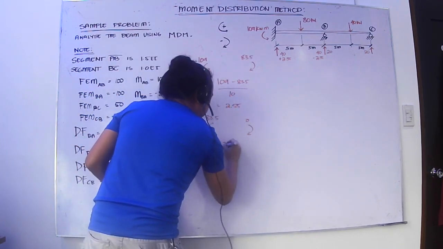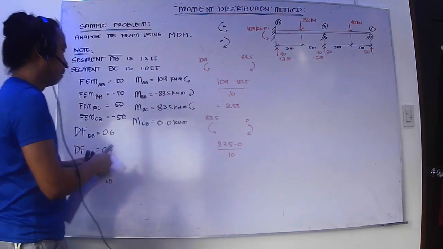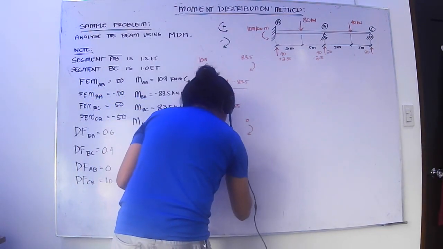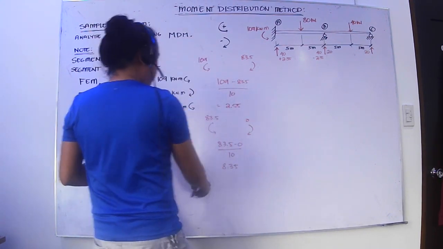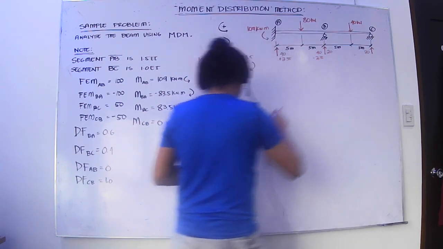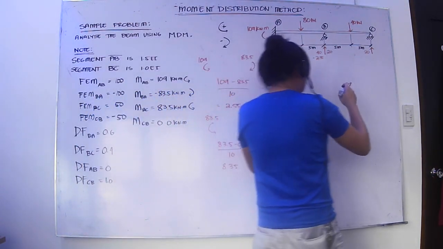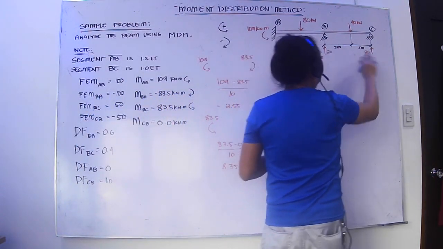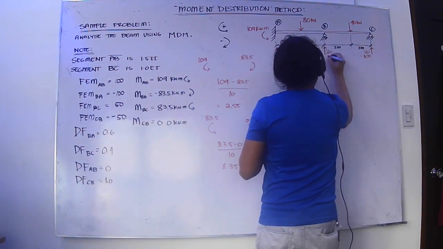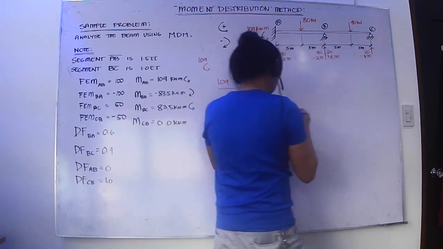So we have 83.5 minus 0, divided by 10, which gives 8.35. Since this one is stronger, the opposite should be negative, so plus 8.35 to bring the equation back to equilibrium.